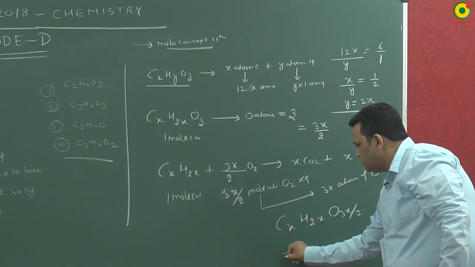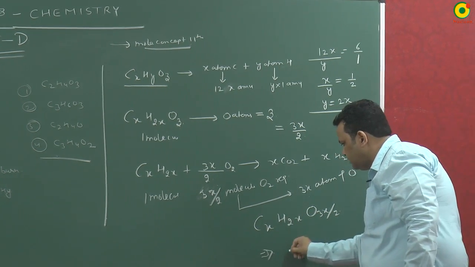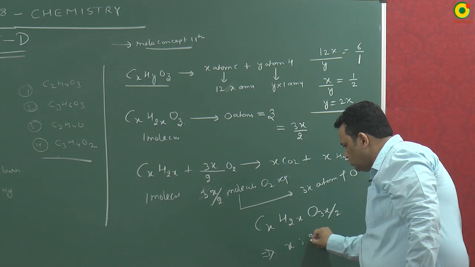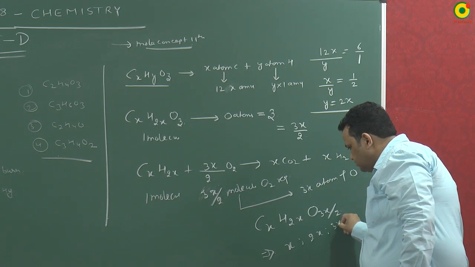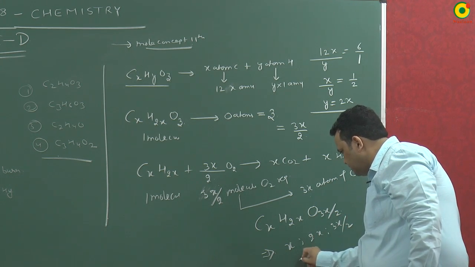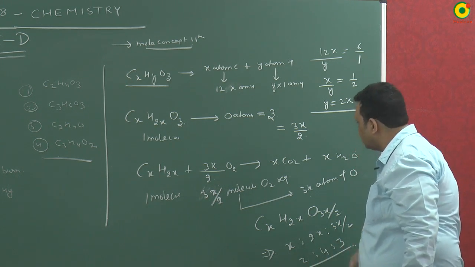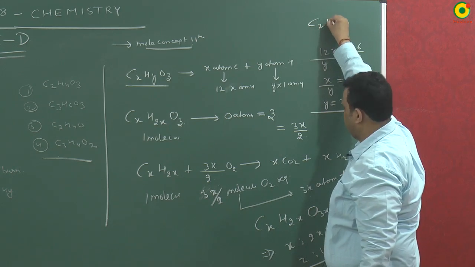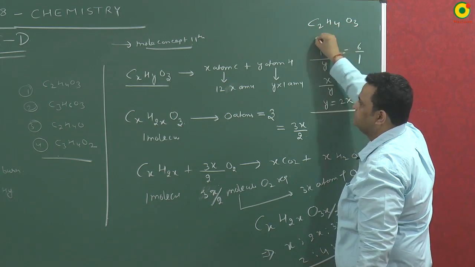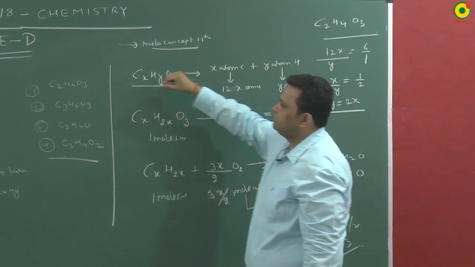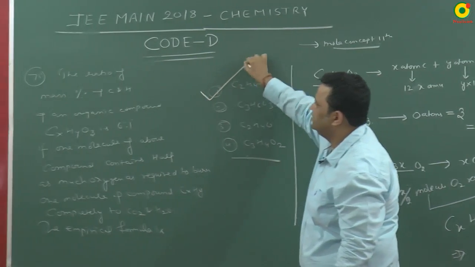If I solve for the empirical formula, then the ratio is x is to 2x is to 3x by 2, and this will be 2 is to 4 is to 3. So the correct formula is C2H4O3, and C2H4O3 is the first option in this question.